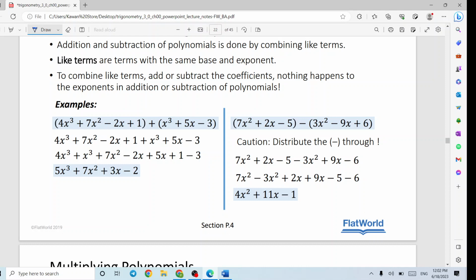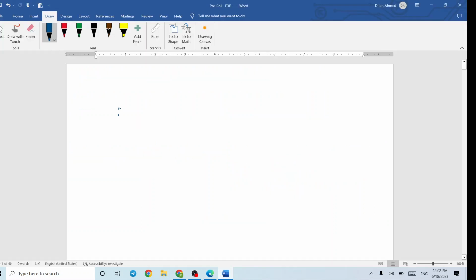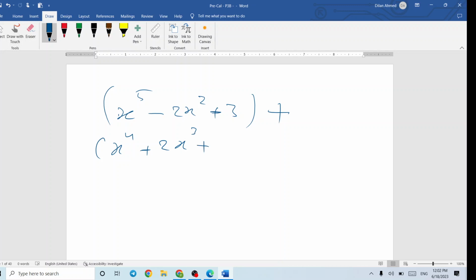For example, the simplest thing between two polynomials is what? To add or subtract. For example, you have x to the power 5 minus 2x to the power 4 plus 3, add this polynomial expression with another polynomial expression like x to the power 4 minus 2x to the power 3 plus 3x to the power 2 plus x.